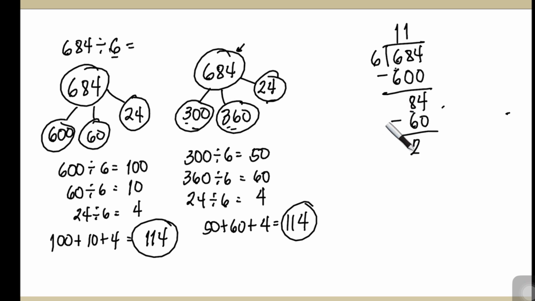We have a remainder. We still have 24 as our remainder, and this can still be divided by 6. 24 ones divided by 6 would be 4 ones. 4 ones times 6 is 24, and there's no remainder. Okay, so that's 114.